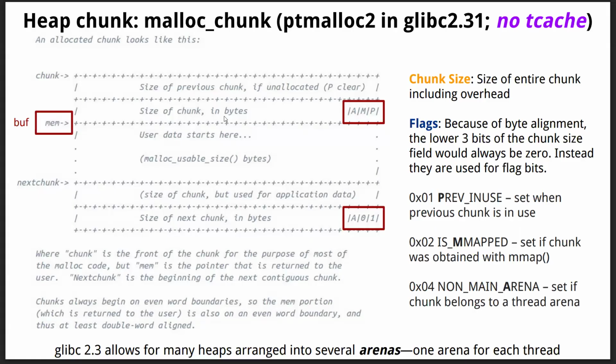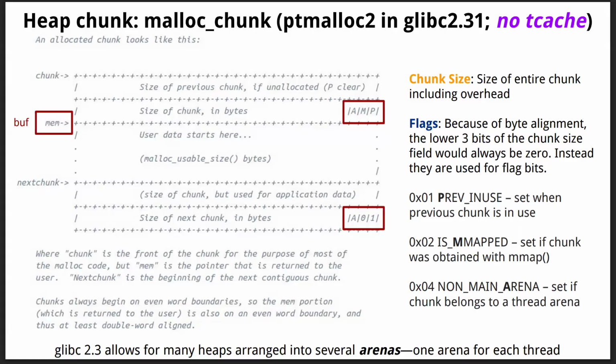So the last 3 bits of that size don't really need to indicate the actual size. So they have other special meanings. They can indicate whether the previous chunk is in use, whether the chunk is obtained by memory map, and also if this chunk belongs to a thread arena.